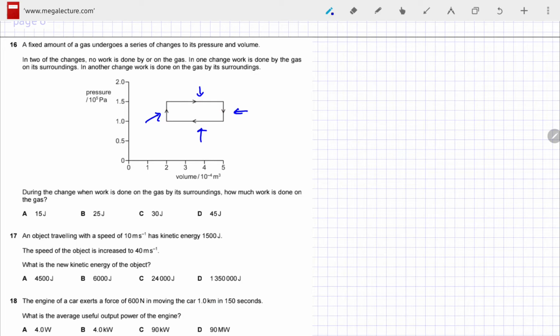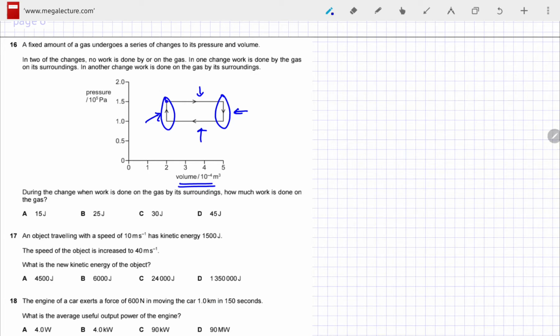Work done by or on the gas is 0 when there is no change of volume. So you can see that if there is no change on the horizontal axis, then the work done is 0, which is on these two lines. So here work done is 0. And we know that the work done by the gas on its surroundings is when the gas expands, so when the volume is increasing.